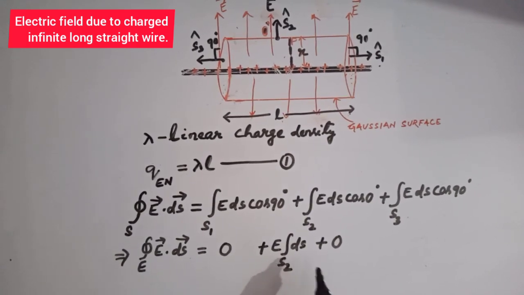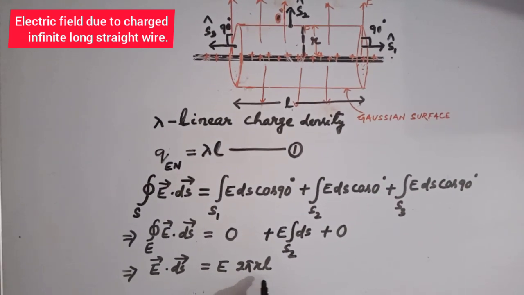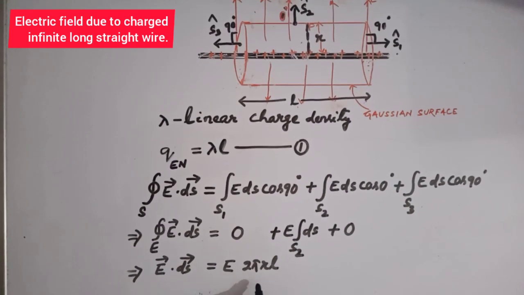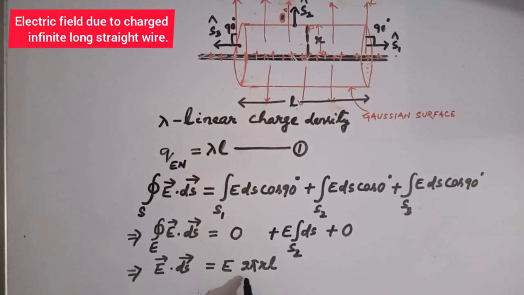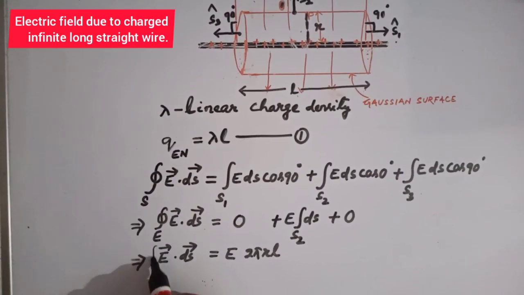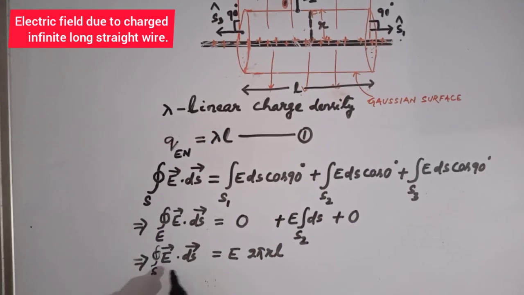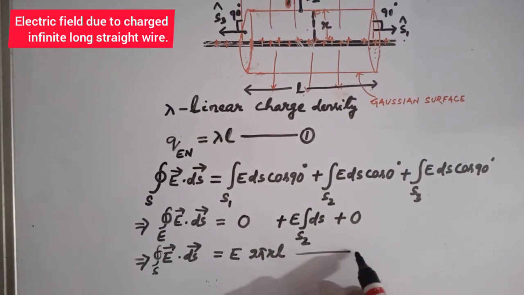It is 2 pi rl. That is the surface area of the curved surface of the cylinder, the Gaussian surface. Thus E dot ds over the closed surface is equal to E into 2 pi rl. It is equation 2.